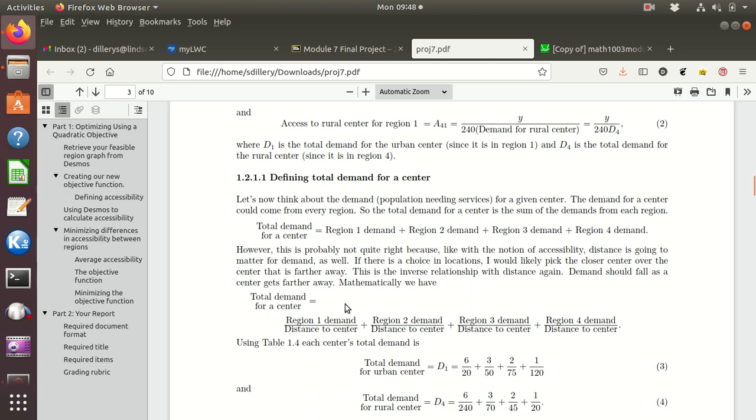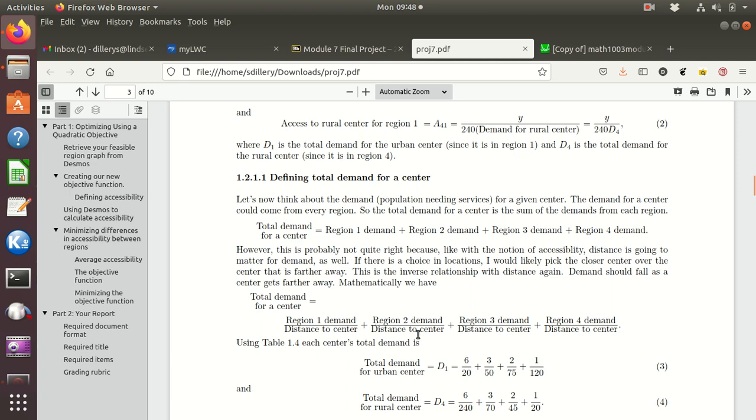It seems reasonable that your total demand is the demand for the center from Region 1, 2, 3, and 4. Well, except not exactly, right? Because Region 3 is likely to go to Region 4, and certainly Region 4 is likely to go to Region 4, but why?